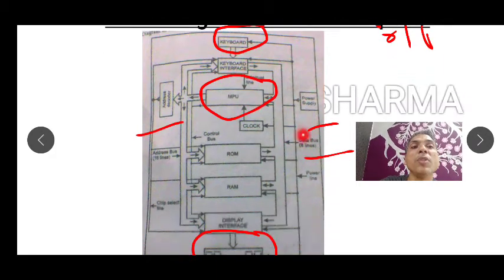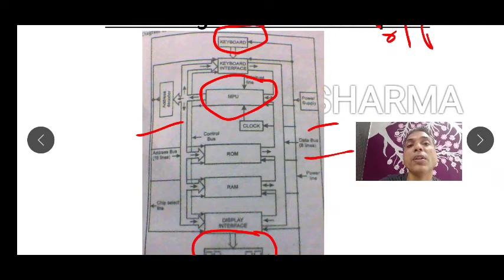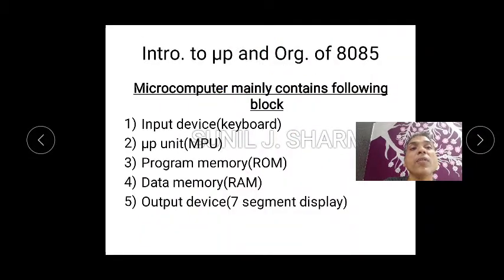Today we will be studying only about this, and let's see which are the different parts of this microcomputer. Okay, we'll go to the next slide.